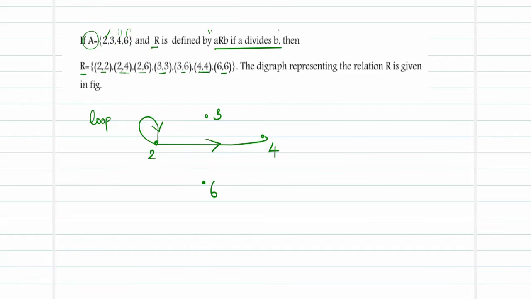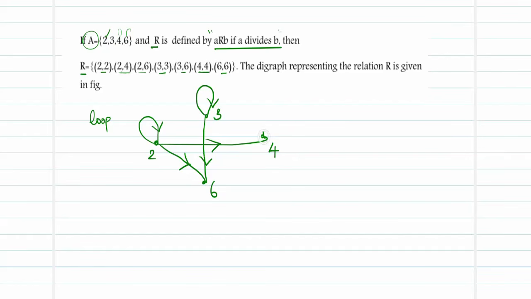Next, we have 2 to 6, so I draw an arrow or arc in this way. Next is 3 to 3, which is going to be a loop. Next I have 3 to 6, so this is the arc from 3 to 6.